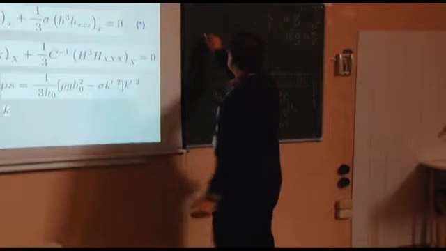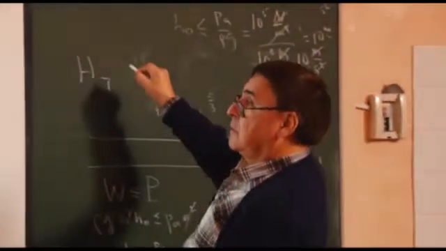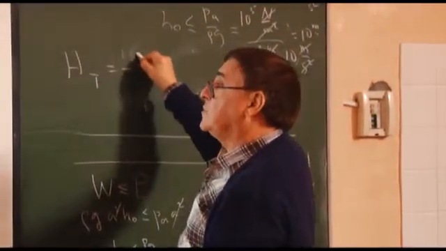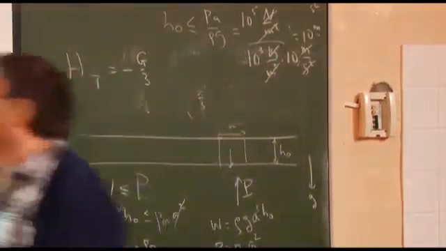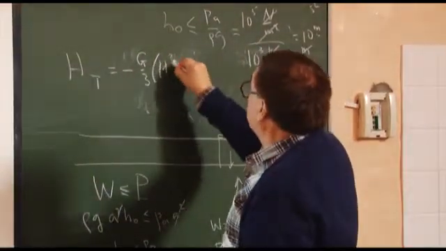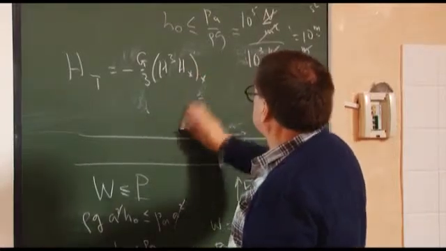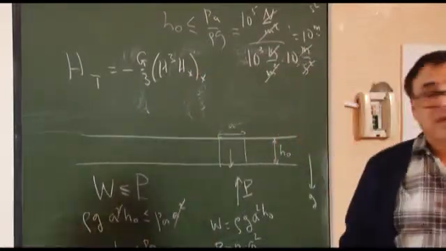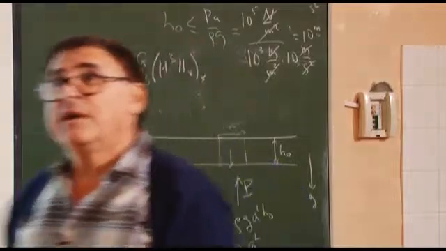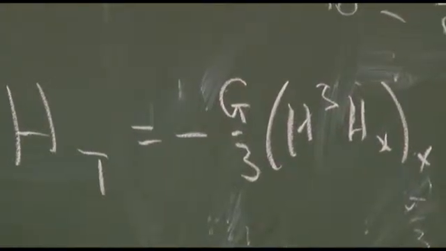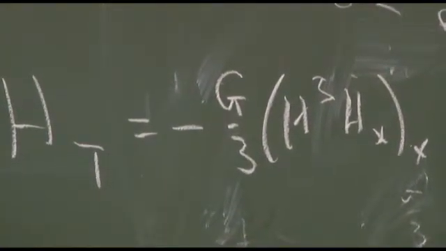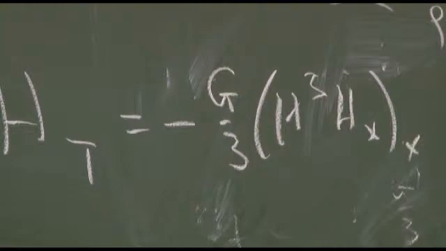We are left with this: minus G over 3 H cubed HXX. So we have only this. So what can we say about this guy? It looks like what? Does it look like a heat equation? A nonlinear heat equation?